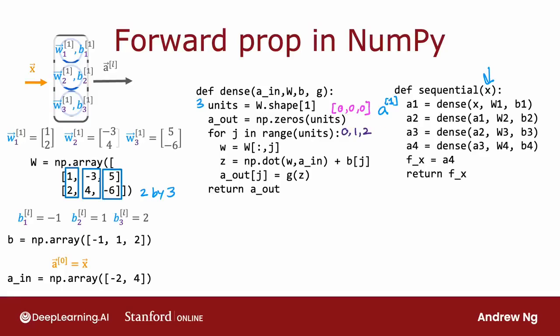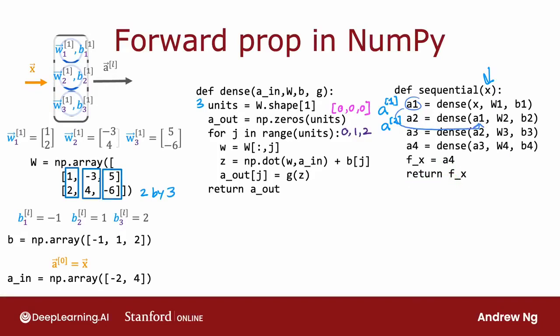Then you can compute a2 as dense of now a1, which you just computed above, and W2, b2, which are the parameters or weights of this second hidden layer, and then compute a3 and a4. And if this is a neural network with 4 layers, then the final output, f of x, is just equal to a4, and so you return f of x.